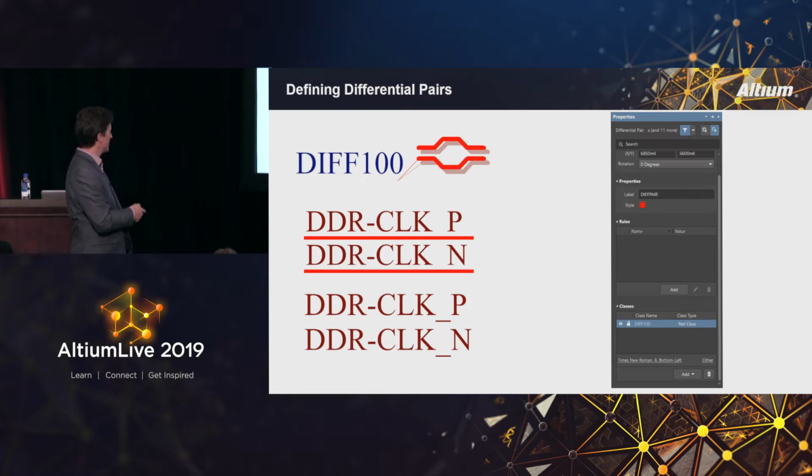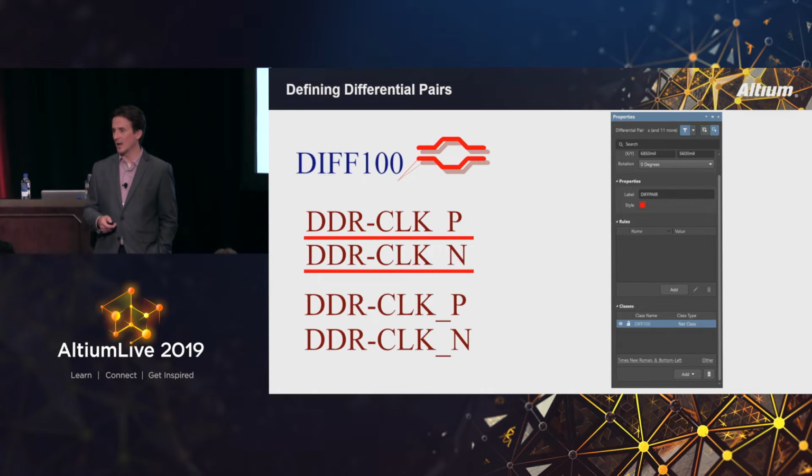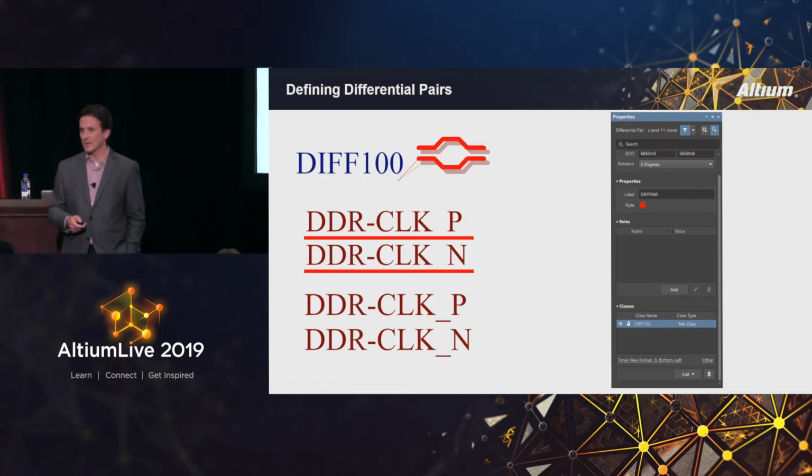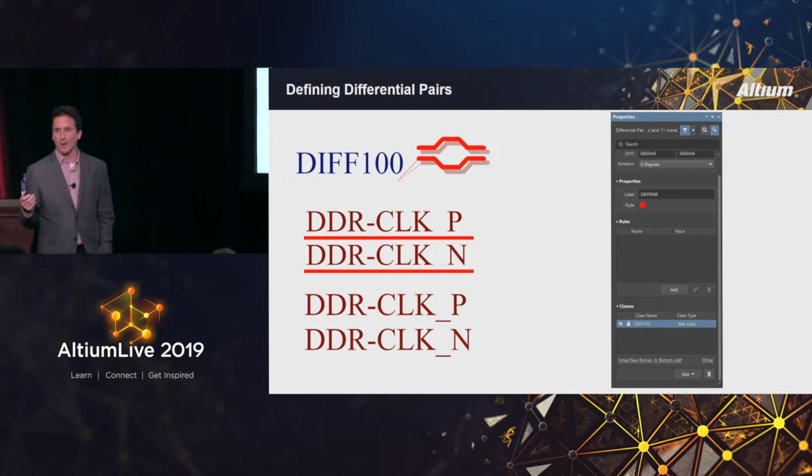The other thing I'd say is, this is a small thing, but I see a lot of people name nets using underscores, and I have to use underscore for a differential pair. But in general, one of our rules is in net names, we always use hyphens.